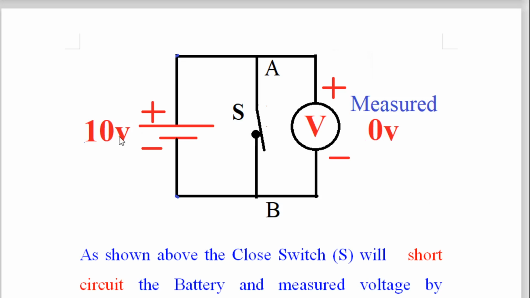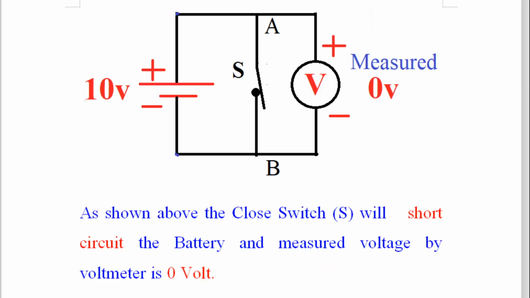See here, the battery is there, the voltmeter is there, and the switch is there, all in parallel to each other, but now switch S is closed, and therefore the voltage measured by the voltmeter is now 0 volt. Why is it 0 volt? As shown above, the closed switch S will short circuit the battery.